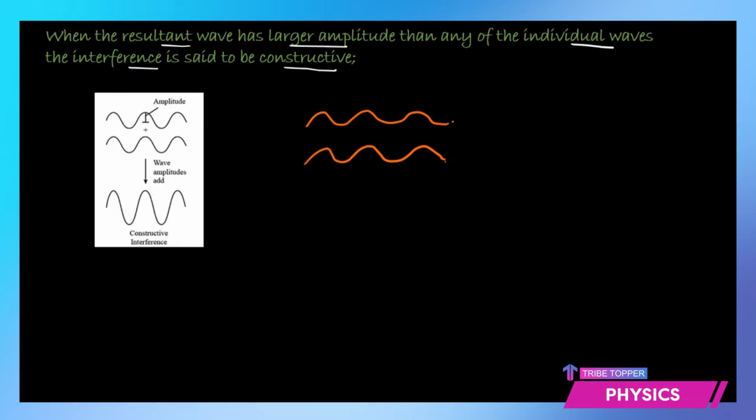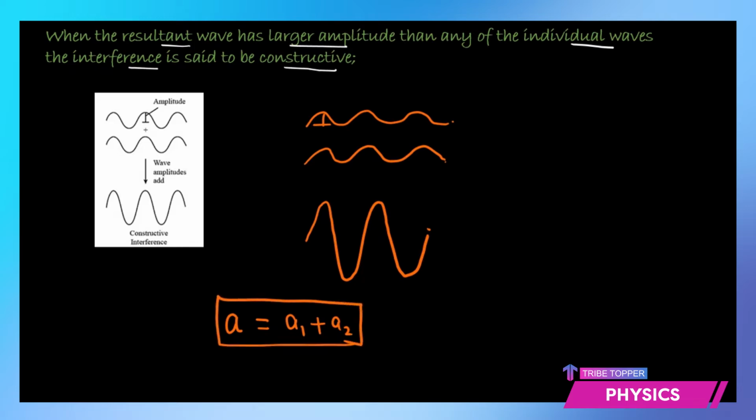These two waves will interfere and give you a wave with a bigger amplitude, equal to the sum of the amplitudes of the two individual waves. So if A is the amplitude of the resultant wave, it is equal to A1 plus A2, where A1 and A2 are the individual amplitudes of the two waves.